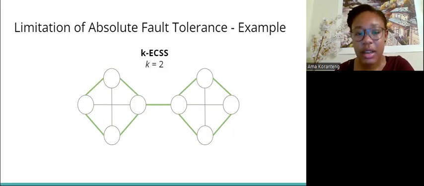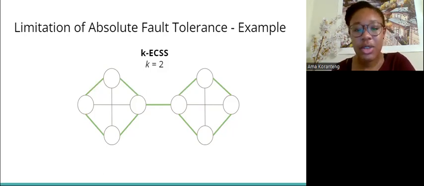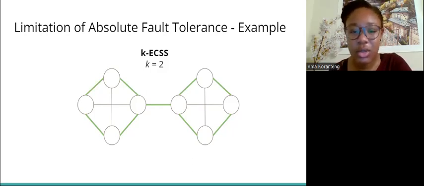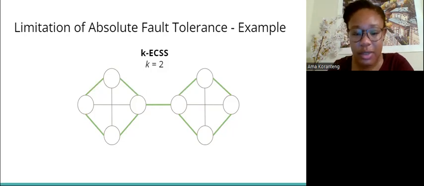But for any edge fault set that has size 1 that doesn't disconnect the input graph, it also doesn't disconnect this solution subgraph here, right? If you delete any edge from the solution that isn't that middle edge, then our green solution subgraph stays connected.